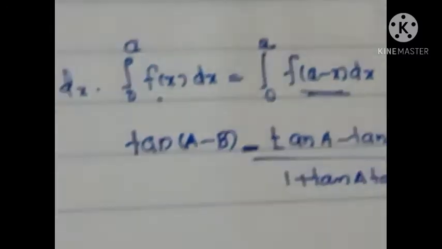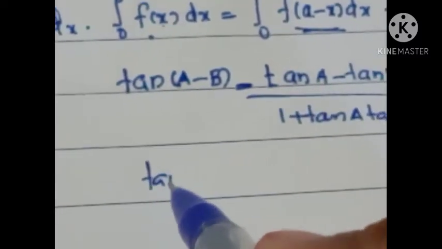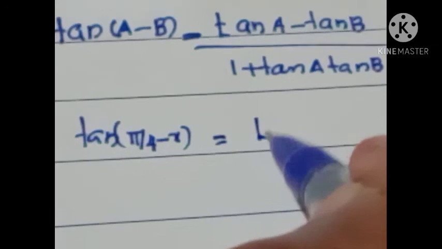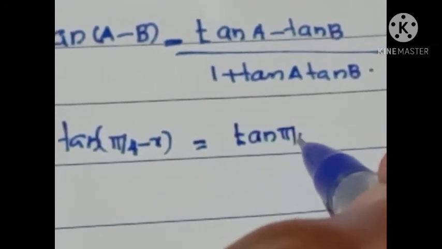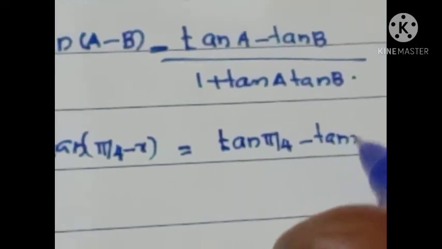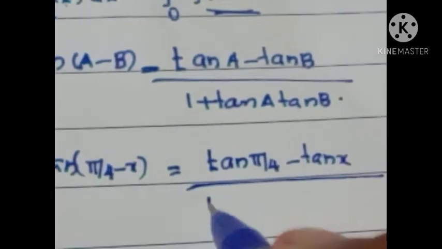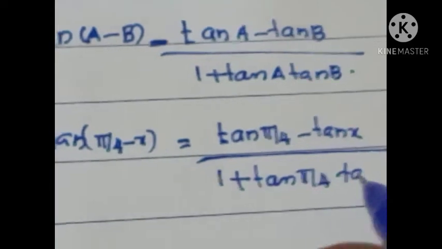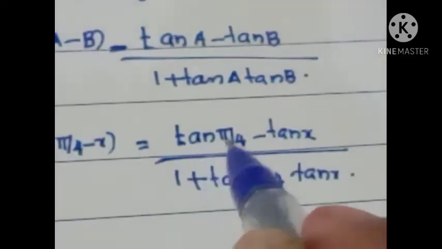Okay. So what is tan pi by 4 minus x? So tan pi by 4 minus x equal to tan pi by 4 minus tan x divided by 1 plus tan pi by 4 into tan x. Now what is tan pi by 4?